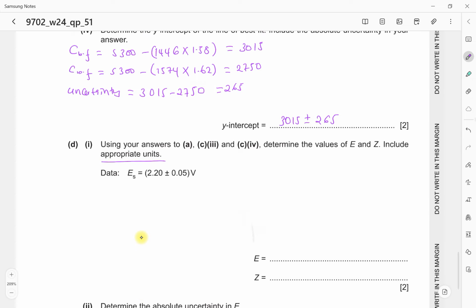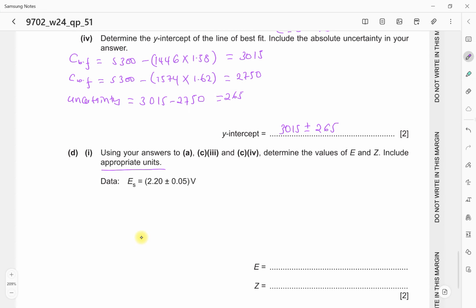Okay, so remember earlier on we saw that the gradient was equal to 3 over, I think it was 3E minus ES. When we try to make E the subject, you cross multiply, so this becomes 3E times the gradient, and the other one becomes plus, so this becomes 3 plus ES.